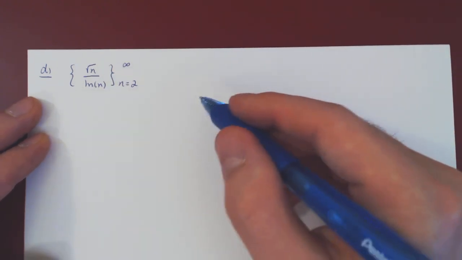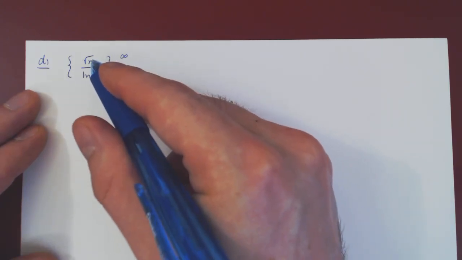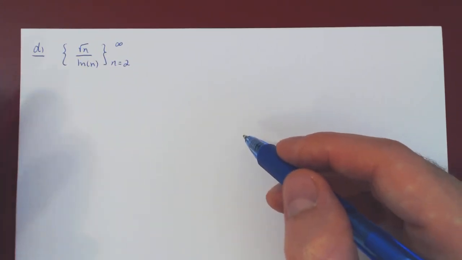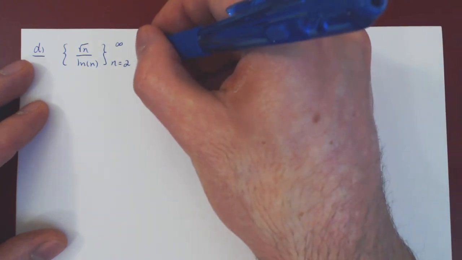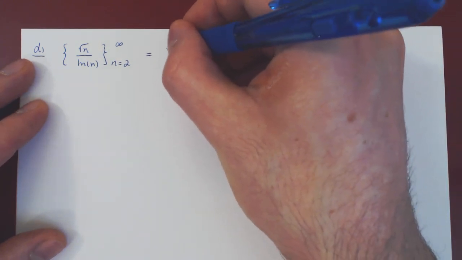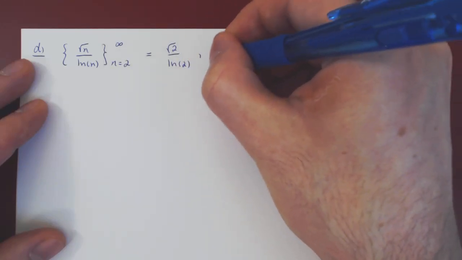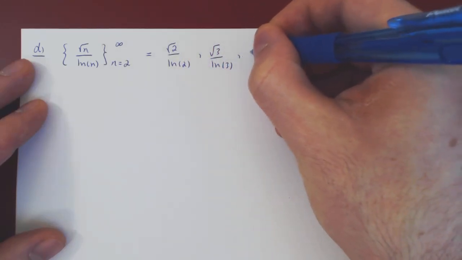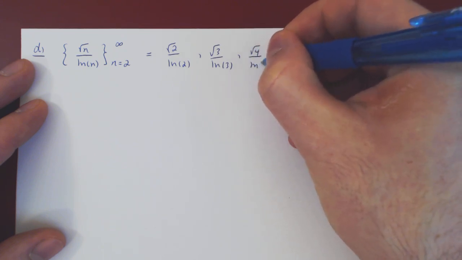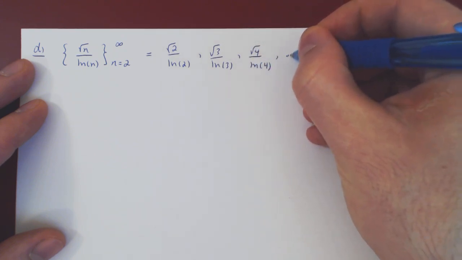And we began at 2 because the ln of 1 is 0, which would give us a division by 0, therefore would not exist. The first few terms, again, root of 2 over ln of 2, root of 3 over ln of 3, root of 4 over ln of 4, and so forth.